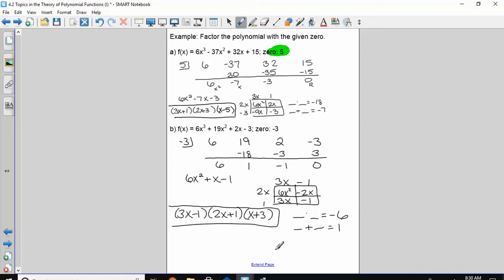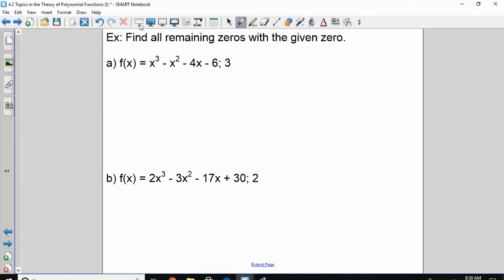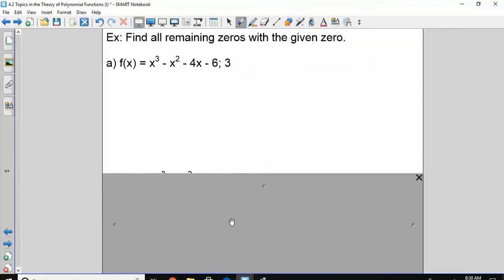Let's do one more. Same idea, but I'm going to ask a slightly different question. Okay, so in the last one, I asked you to factor it. This time, I'm saying find the remaining zeros. What's the difference? A factor has what in it? X. A 0 is just a number.